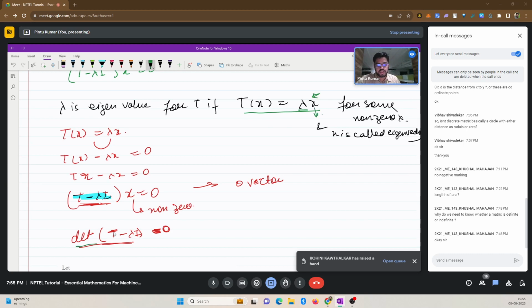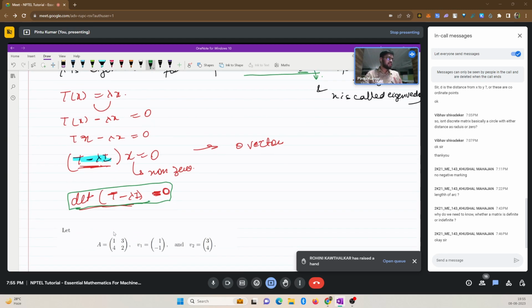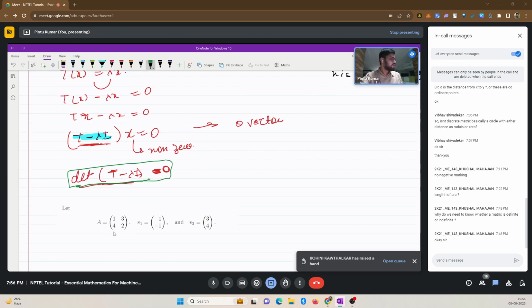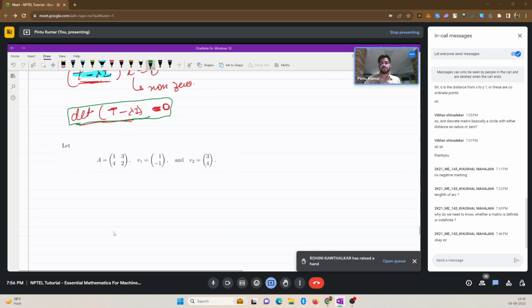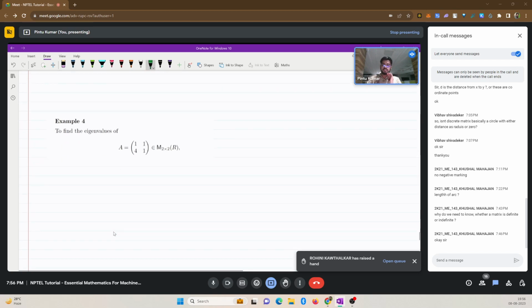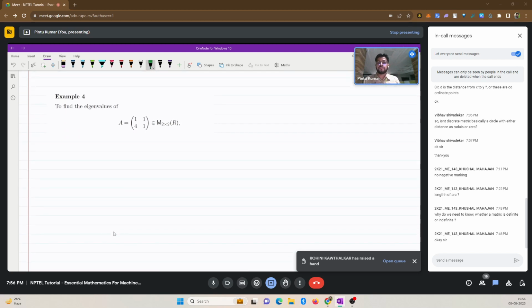And you find it using this formula, that the determinant of T minus lambda I is equal to 0. Even if you didn't understand the full story, you can revisit this, but you should remember these two points at least. Now in the leftover time, we'll try to solve at least one example where we have to find eigenvalue and eigenvector. So I'll take this particular example. I have to find eigenvalues and eigenvectors.